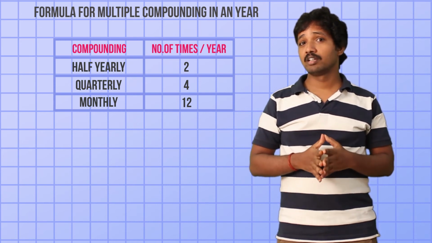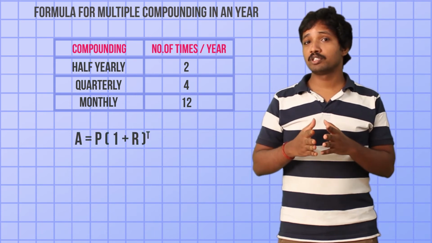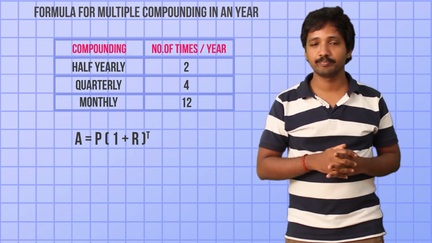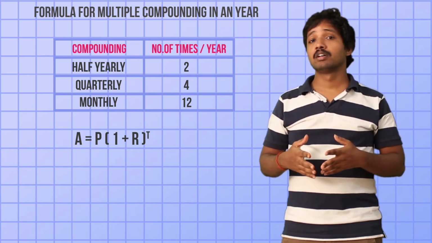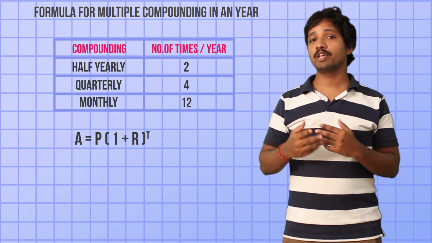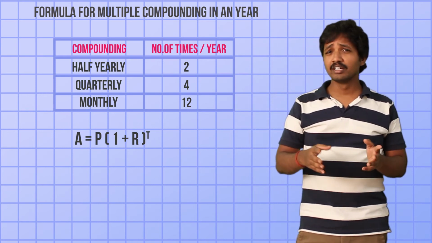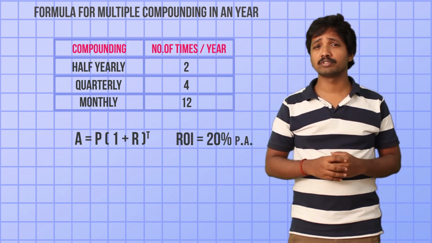The formula is amount is equal to principal into 1 plus rate of interest, the whole power T, that is the time period. Here we have another factor, the compounding frequency per annum. So take the same example, where the rate of interest is 20%.